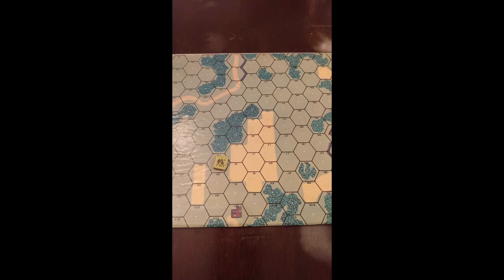Now, interestingly, depending on when the game scenario that you're playing is happening, what part of the year, these wheat fields may actually be either open terrain, which they are in the winter time from October to March, or in April or May, the fields are plowed, which means they cost more to move through.